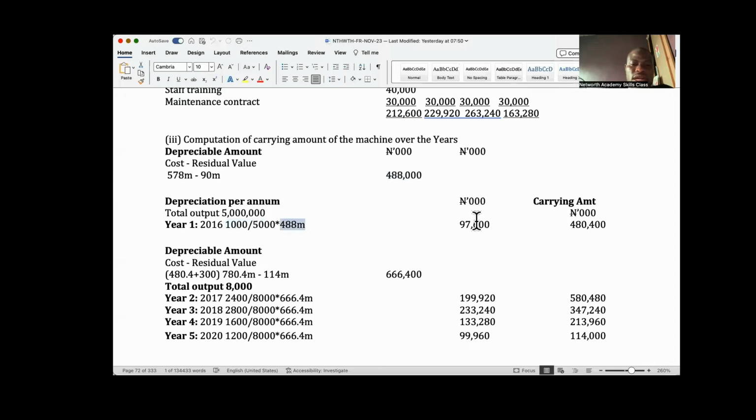Okay? And that gives me 97,600. And my carrying amount is simply the cost. Don't forget, it's cost minus accumulated depreciation. My cost is 578. If you deduct 97,600, that is what gives you this carrying amount.